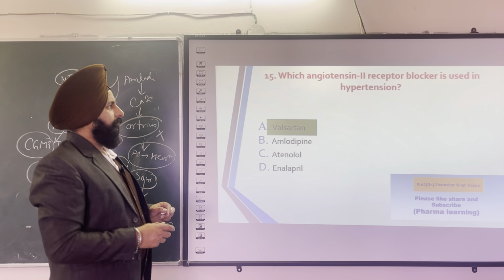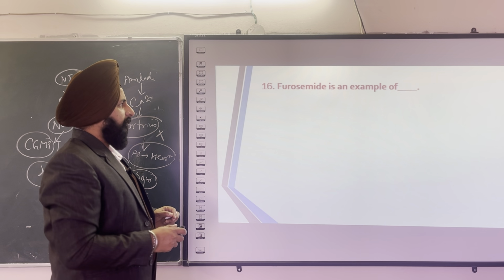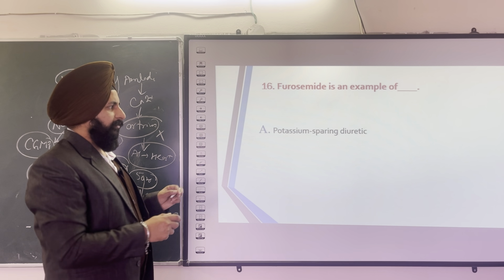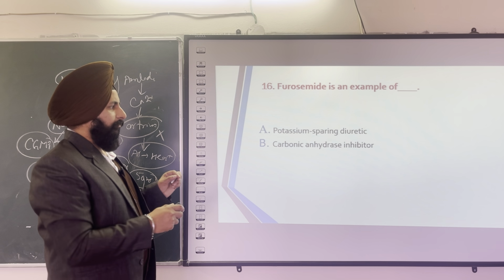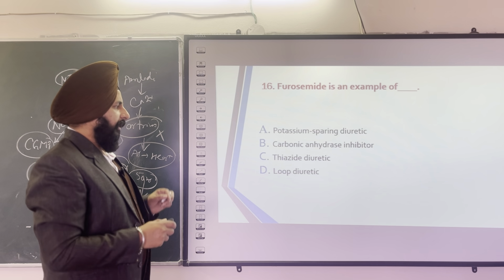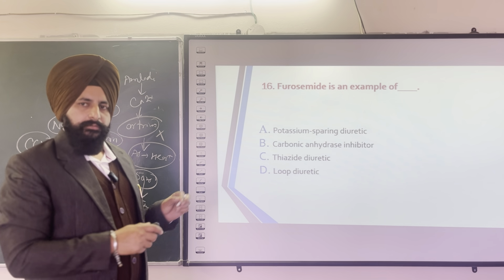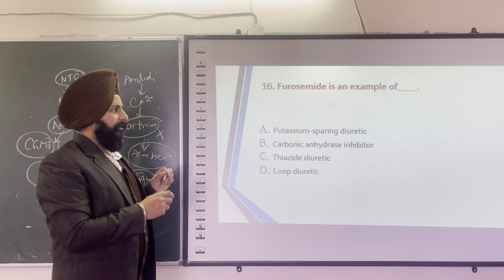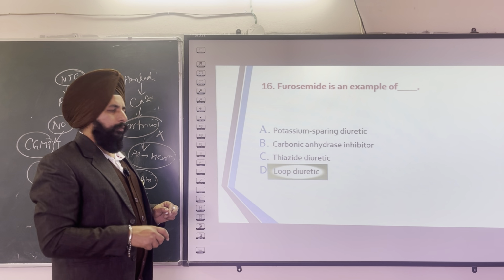The next question for the GPAT series is, furosemide is an example of potassium sparing diuretic, carbonic anhydrase inhibitor, thiazide diuretic and loop diuretic. You choose the correct answer. Furosemide is a loop diuretic.